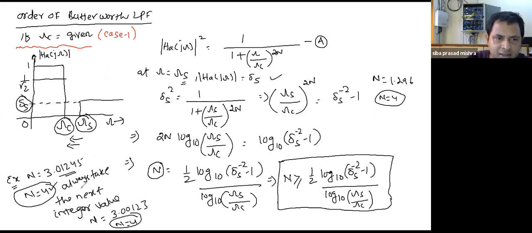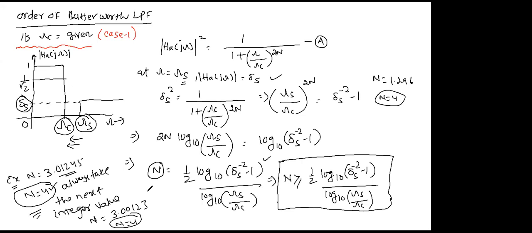I'm not saying that n equals 4 means you have to design a fourth order filter. You may design a second order filter and do manufacturing. That is secondary. This formula gives the minimum requirement of the order of a Butterworth low pass filter. Don't be confused. Okay, got it.